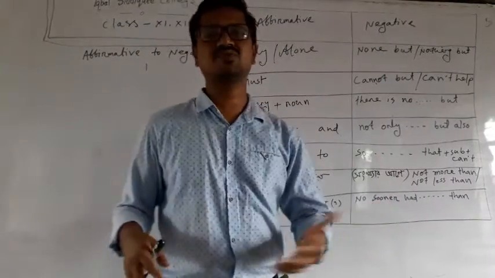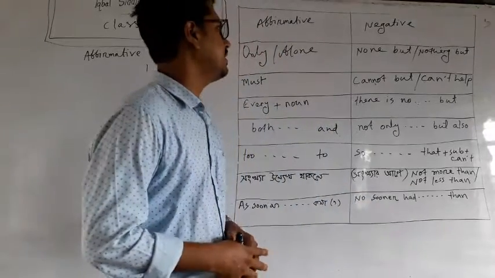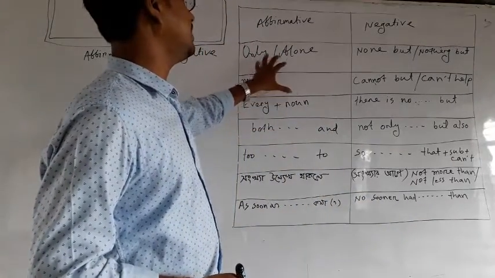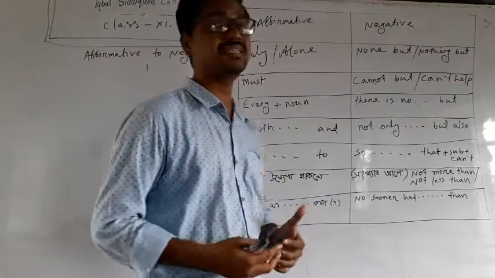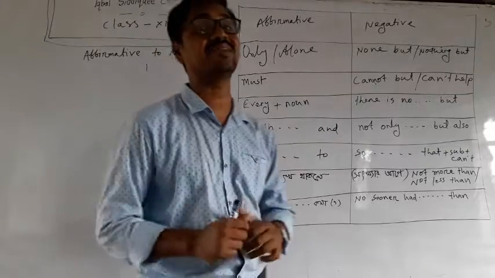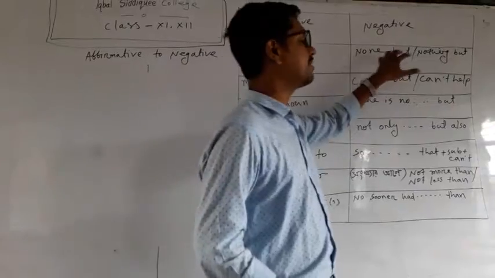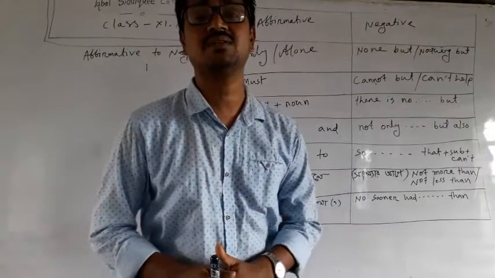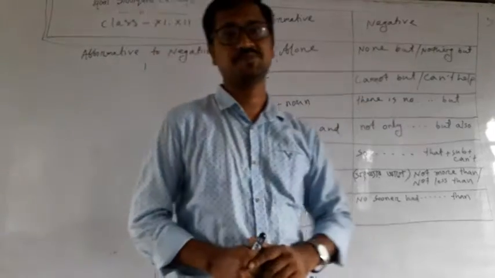"Only" can be used for human beings or non-humans. So if you see "only" or "alone" in the sentence, you have to understand what it is referring to. If it is a human being, you have to use "none but," and if it is not human, you have to use "nothing but."